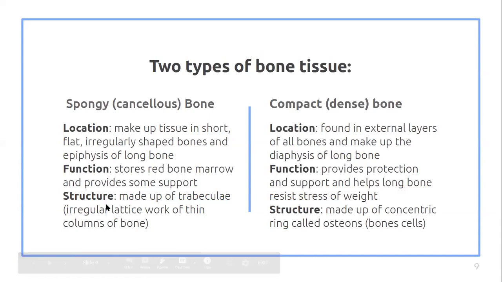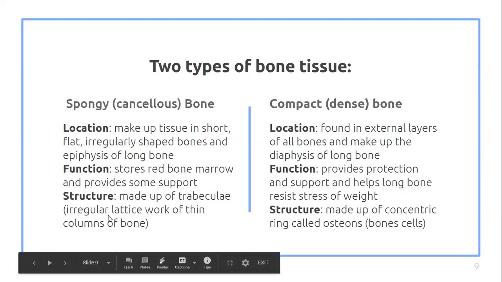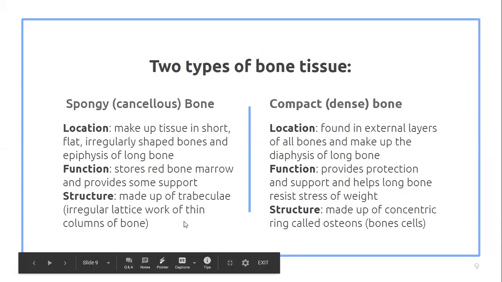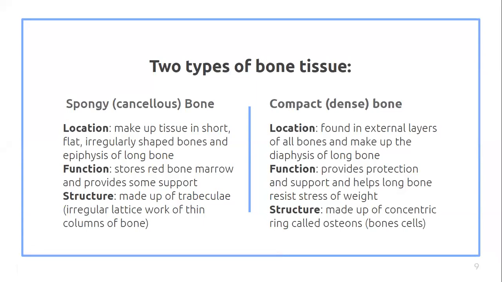It's really important. And the structure of spongy bone is made of trabeculae, which is basically an irregular latticework of thin columns of bone. If you can imagine, it's irregularly shaped, like spider webs of thin bone. That's what it basically looks like.